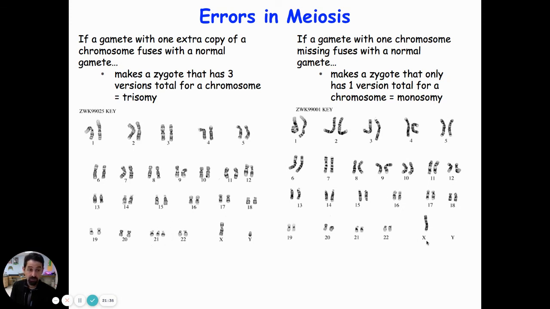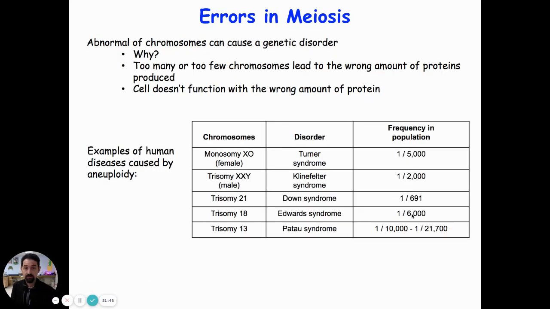Here it looks like we've lost one. We have monosomy instead of trisomy, and we only have the X chromosome, so this would be Turner syndrome. These are some different examples of how often that can happen, depending upon the frequency in a population. You can see that trisomy 21 or Down syndrome is about 1 in 700. So that's not uncommon.